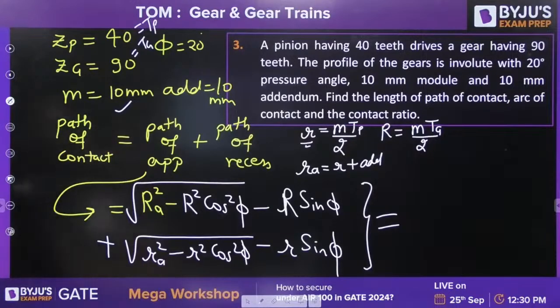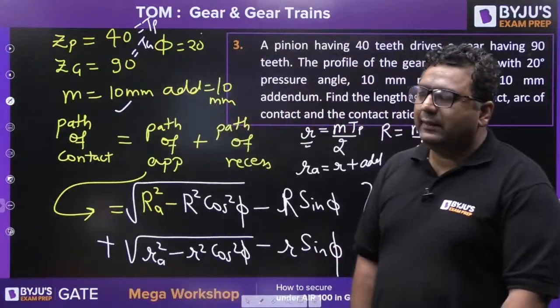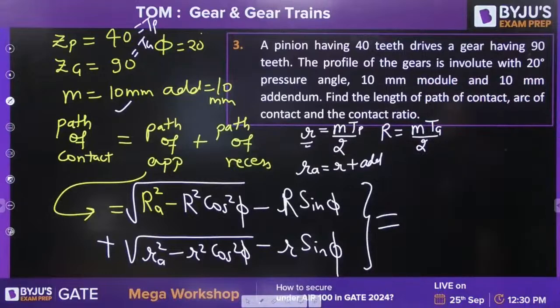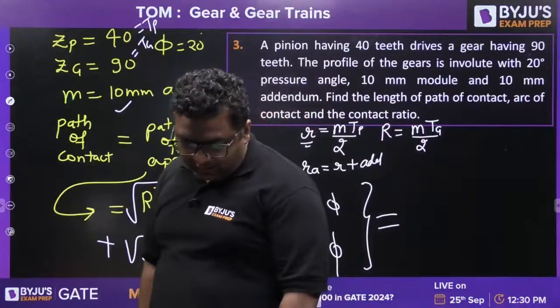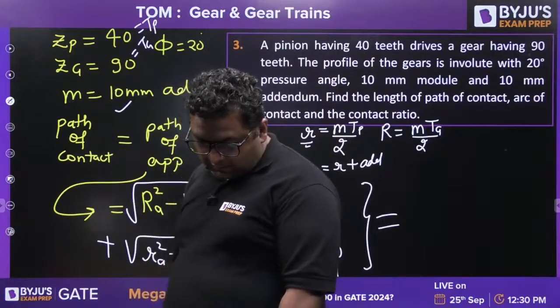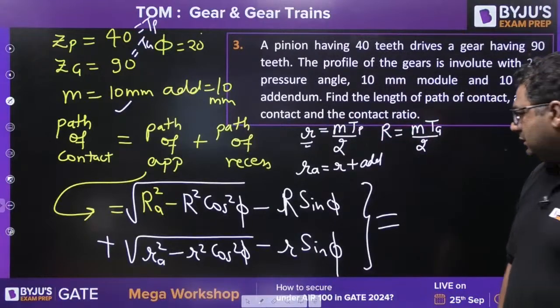Yes. What are you getting? Okay, path of contact, Teju is saying 95.56.